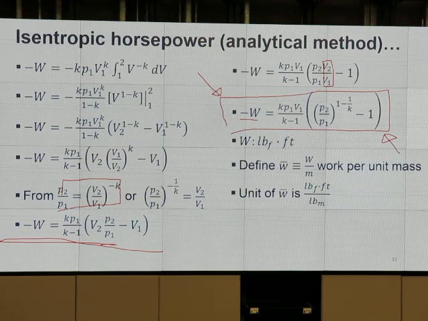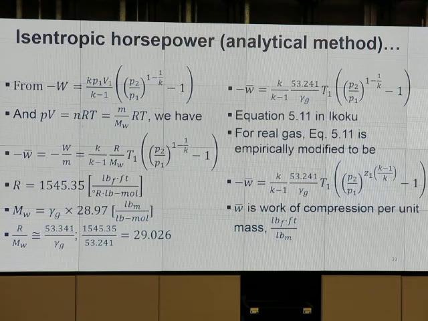I define W bar as work per unit mass, and the unit of W bar is pound force foot per pound mass. From PV equal to nRT, n can be expressed as mass over molecular weight, right? So I rearrange it and substitute this equation in.